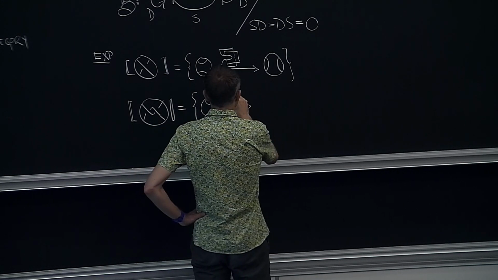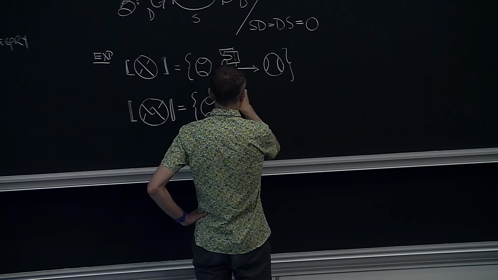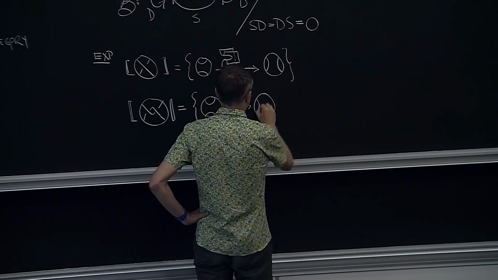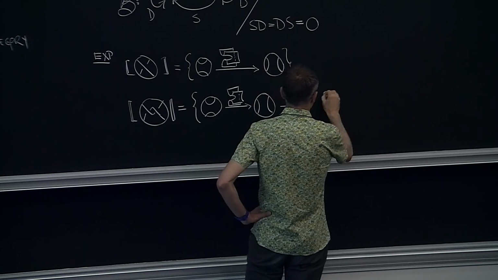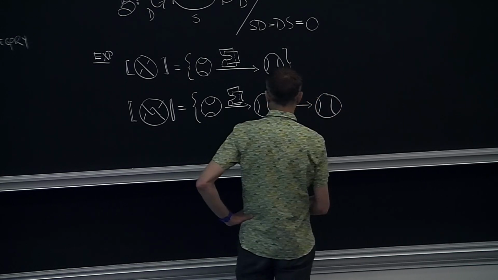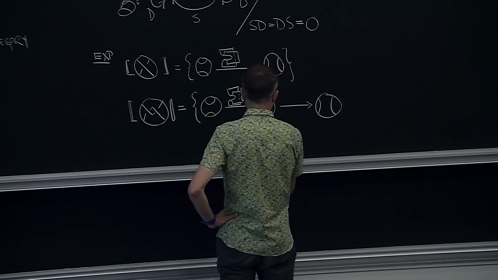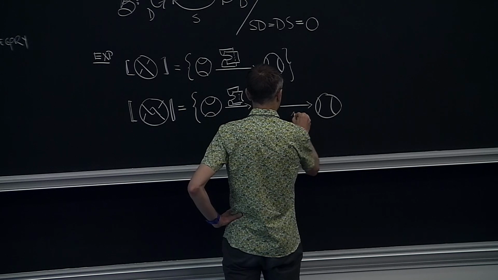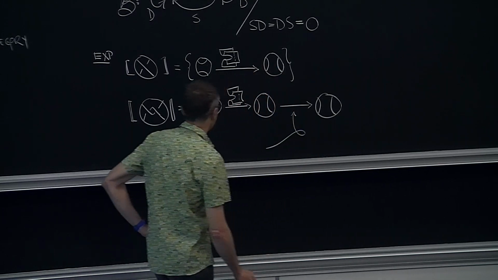Well, first you see a saddle. And then there'll be another object here. And this map, well, what happens?